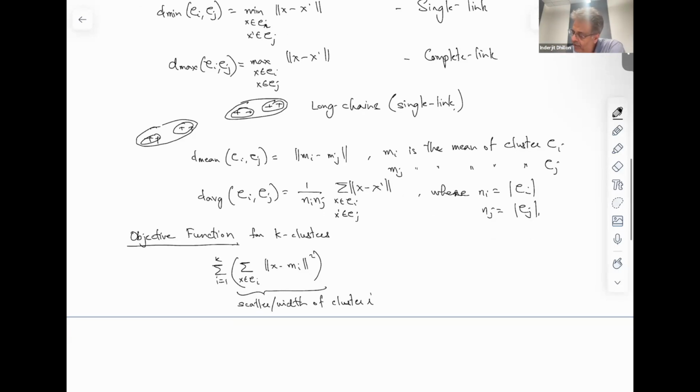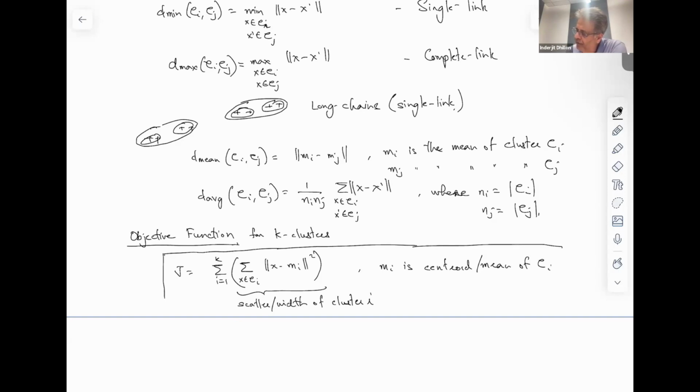So Mi is the centroid or mean of Ci. Let's call this J because we'll need to refer to it. So this is one of the commonly used objective functions.